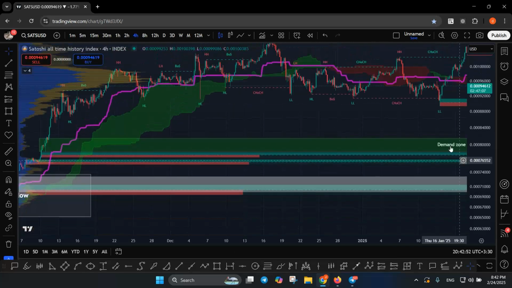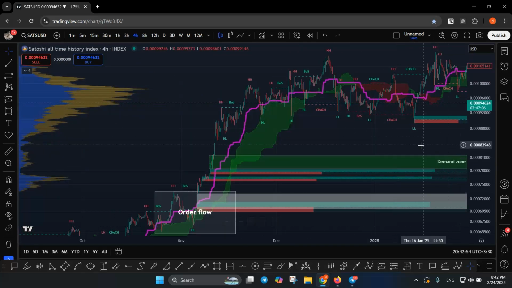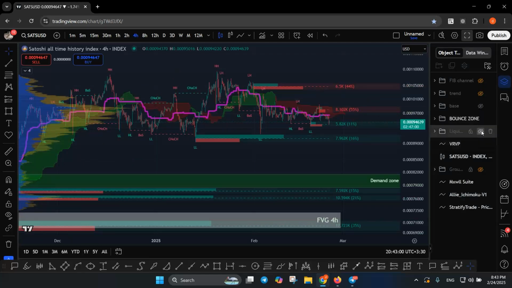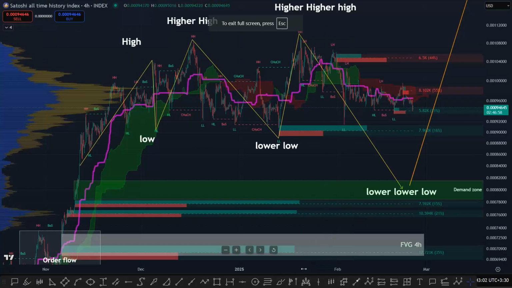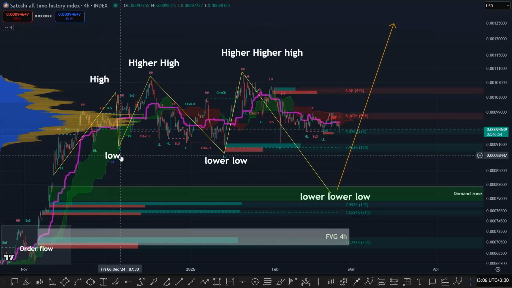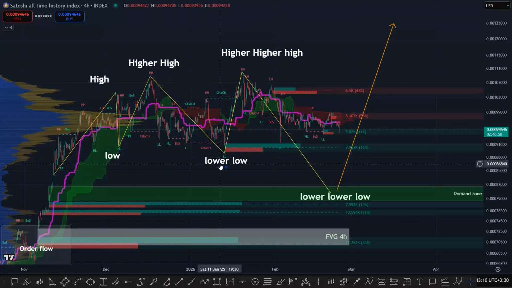So note that usually Bitcoin wanted to complete the liquidity structure. If I show you the liquidity structure here, you can see perfectly that we form the high, we form the low, we form higher high, we form lower low. Again, we hunted the liquidity above the previous high, so we form a higher high.